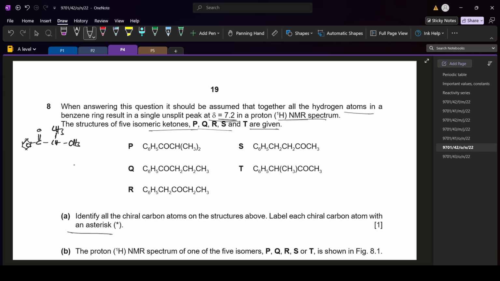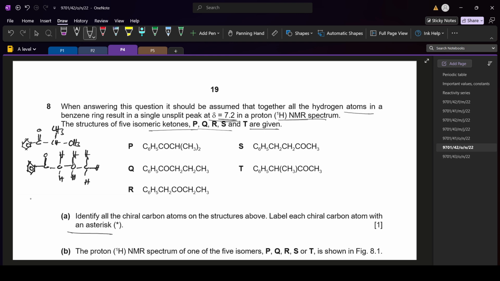Then you have Q, with this carbon double bond and CH3.